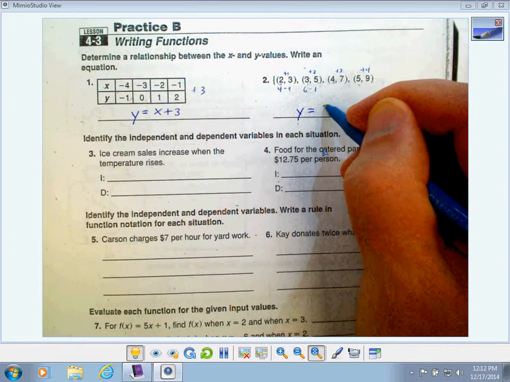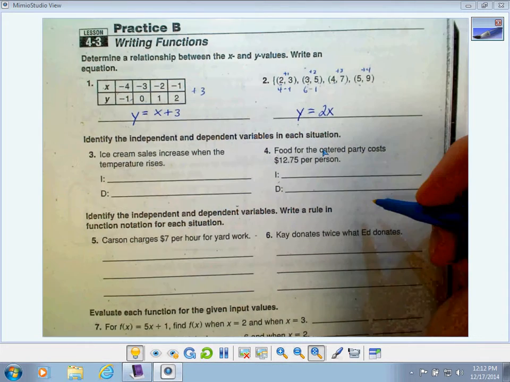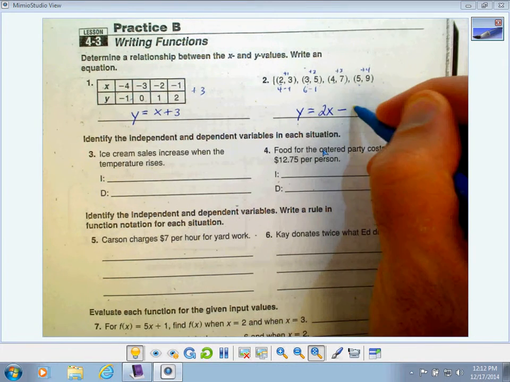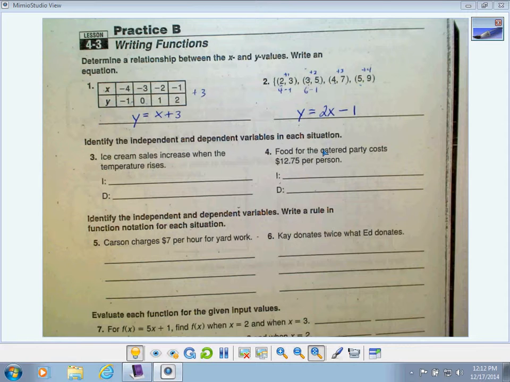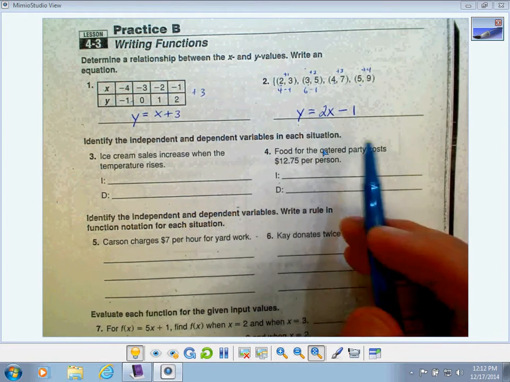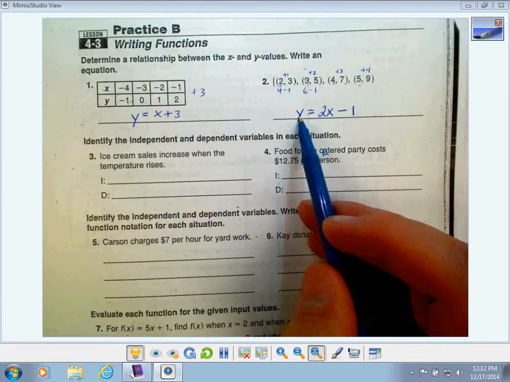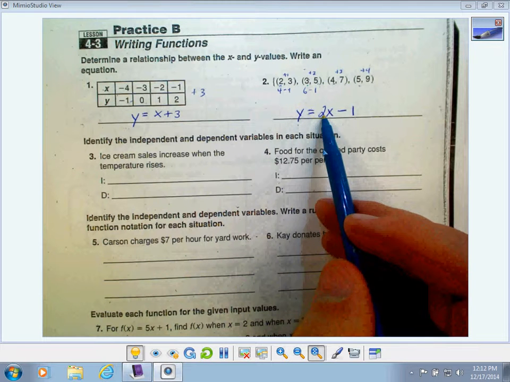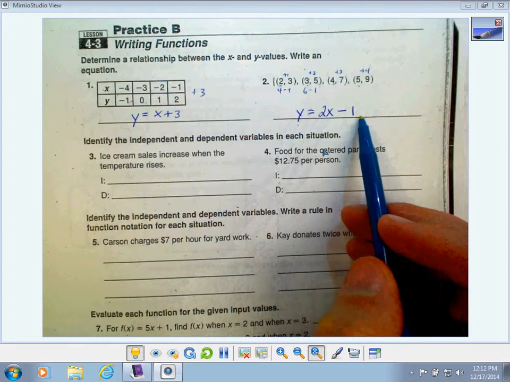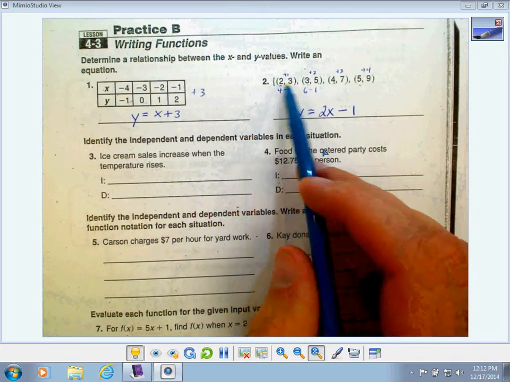You usually write 2x. So I took x times 2, and then what did I do? I subtracted 1. So again, if we read this equation, we're saying we get y by taking x times 2 and subtracting 1. And that's how we get every y value.